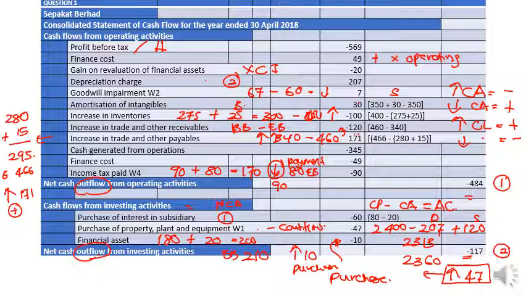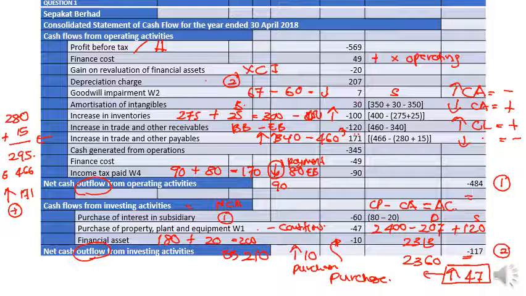Gain on revaluation, previously you added, so now we need to minus because this is a non-cash item. Depreciation expense here is from item number 2. Item number 2 has a depreciation expense of 207.